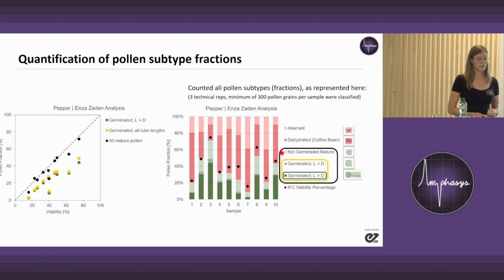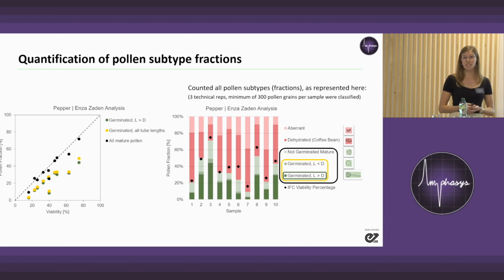And the black dots represent all mature pollen grains, so all of which have rehydrated. When we take a look, you can see that we have a very clear correlation between the viability and the germinated pollen grains, and the correlation is almost a positive linear correlation when we look at all the mature cells.